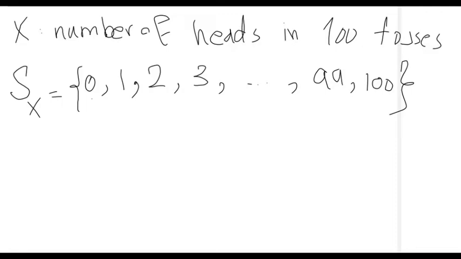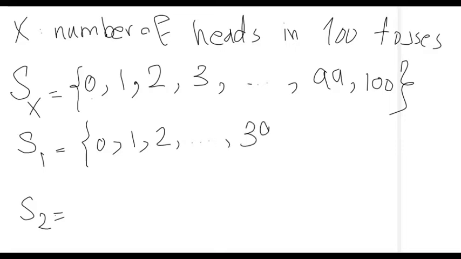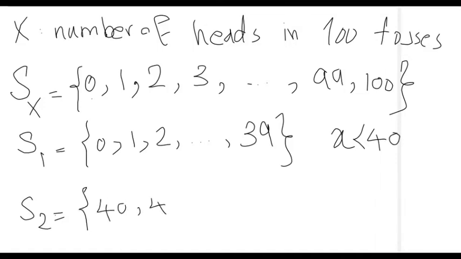One is the subset which shows the values less than 40, and then the other, 40, 41 to 100, which shows the values equal to 40 or greater than 40.